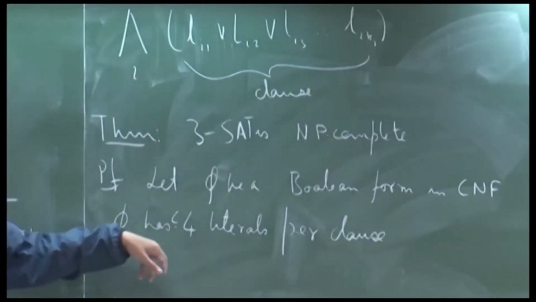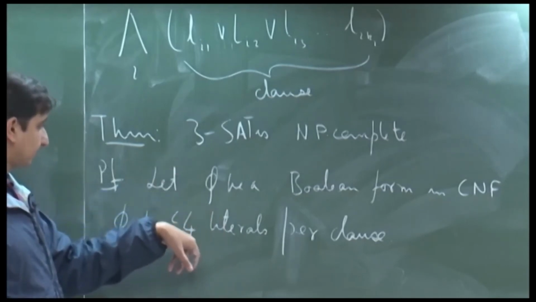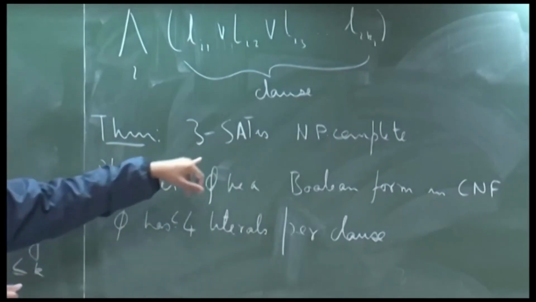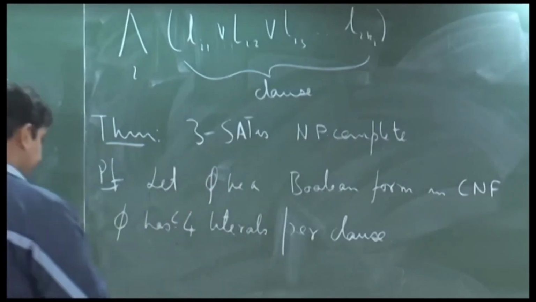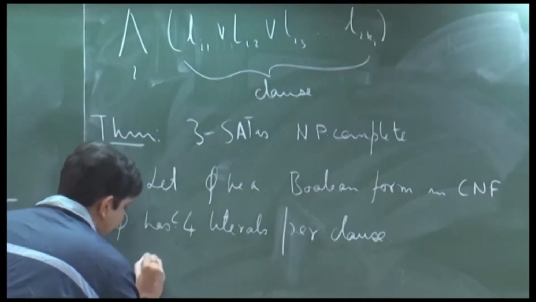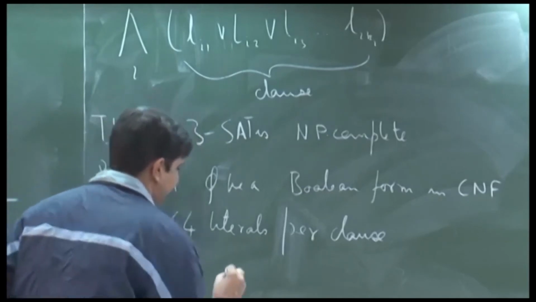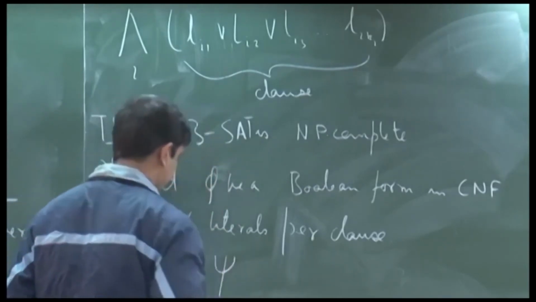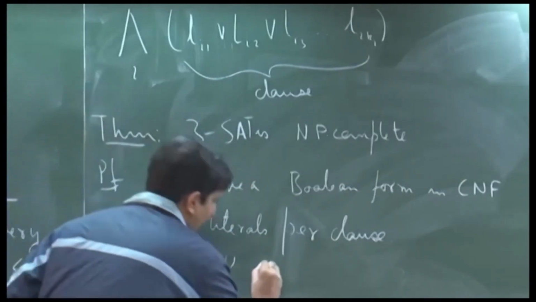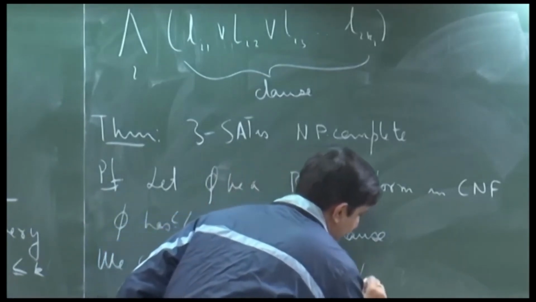Now, let us reduce phi to some other Boolean formula that is an instance of 3 SAT. So, we construct a formula xi from phi as follows.